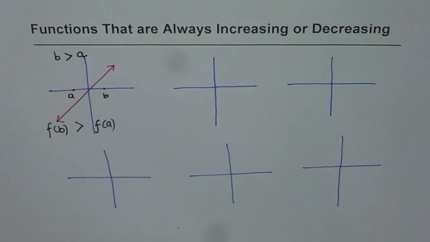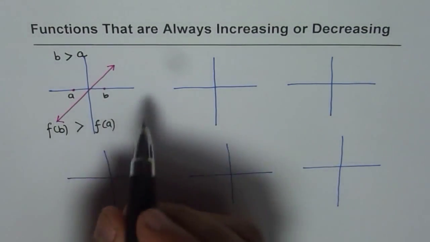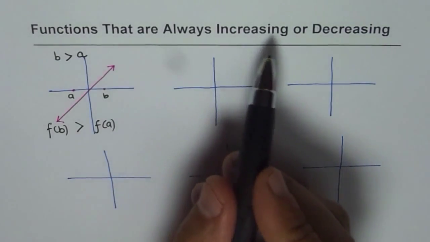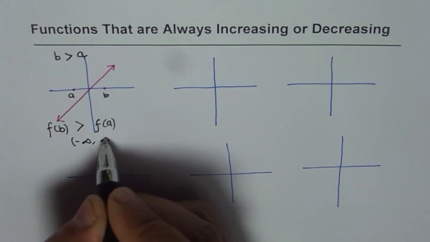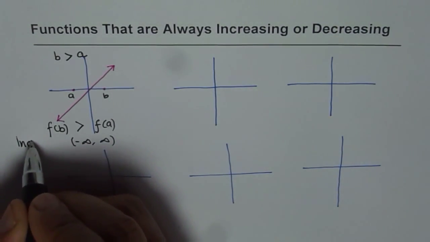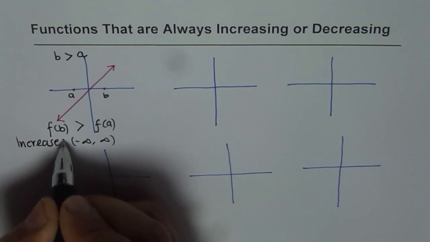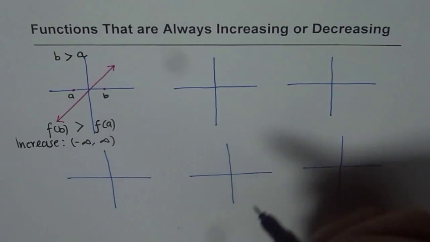So that is how we see increasing interval, and we say for this function the interval of increase is from negative infinity to positive infinity, right?